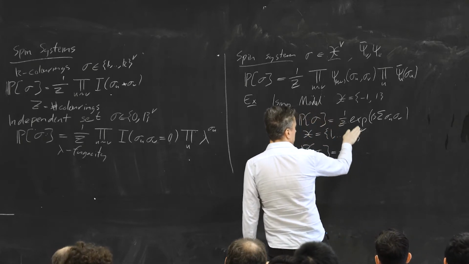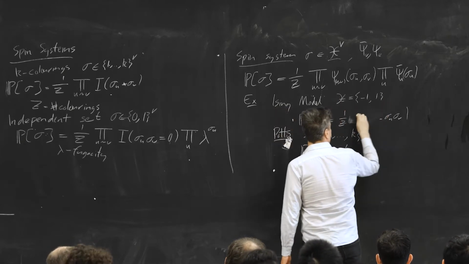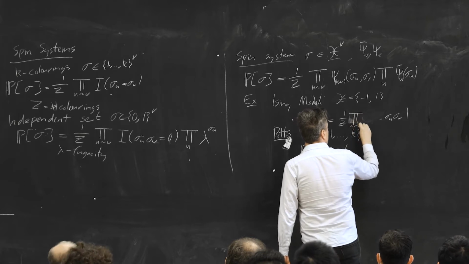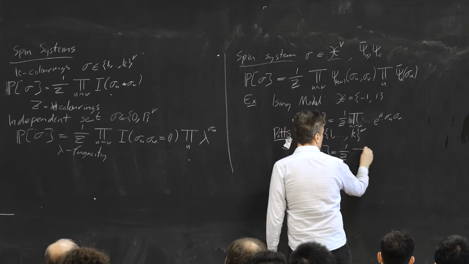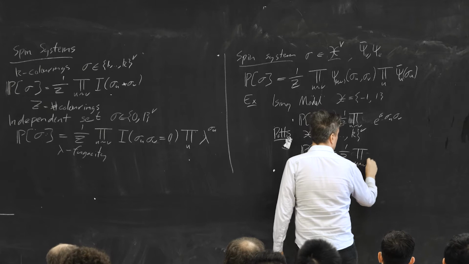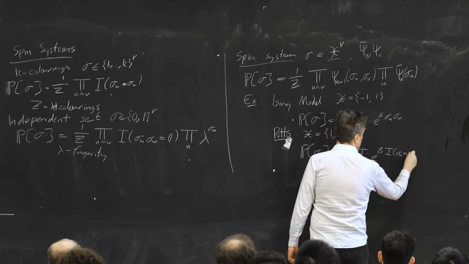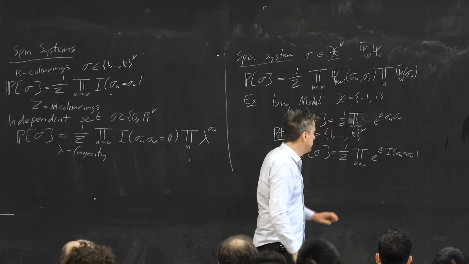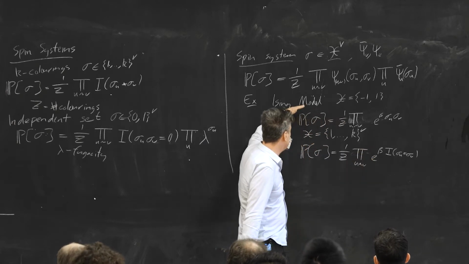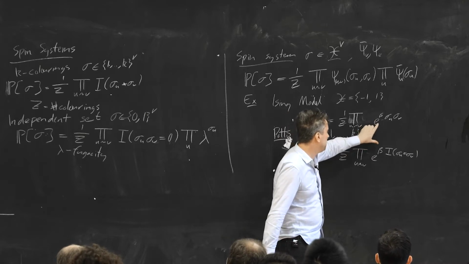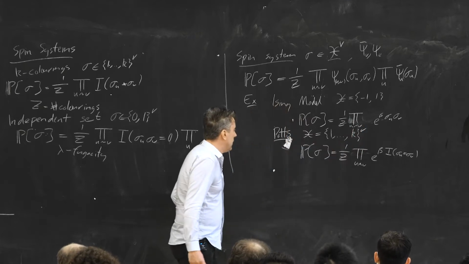Of course, in the first example, I didn't write it in this form, but we could, instead of that, have the product over uv in E of e to the beta sigma u sigma v. And for the Potts one, we'll do it the same way, except I'll write e to the beta indicator sigma u equals sigma v. So again, it's biased towards having pairs that are equal. The Ising model is a special case of the Potts model, except you have to slightly reparameterize beta with a factor of 2.